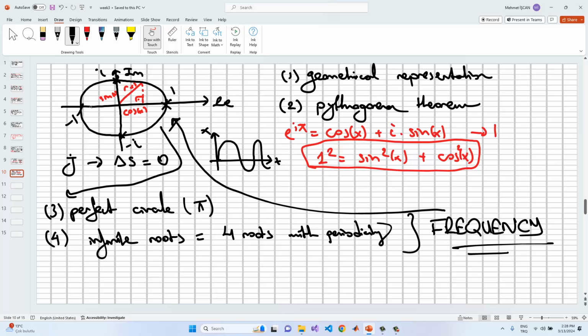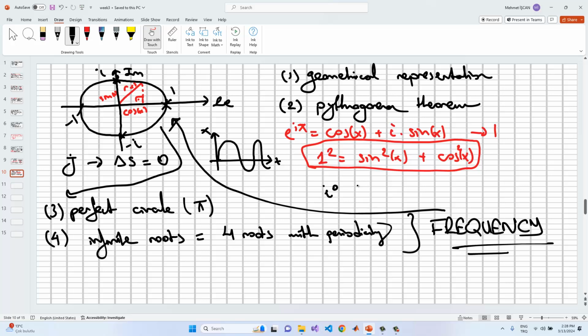This is the exact definition of the frequency. Frequency means that if we start at 1 and then we take the power in here, x, 1, 2, 3, this is a power term. If we increase the 4 in this case, then we return to the 1.